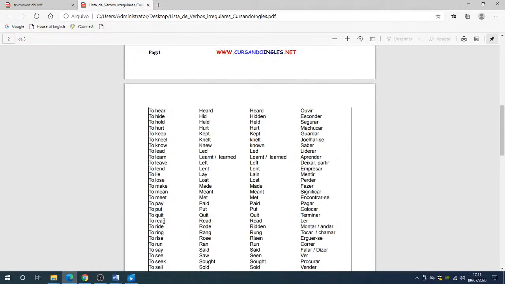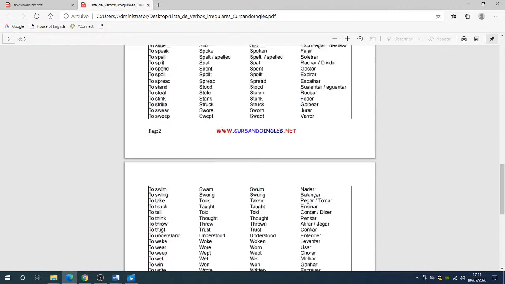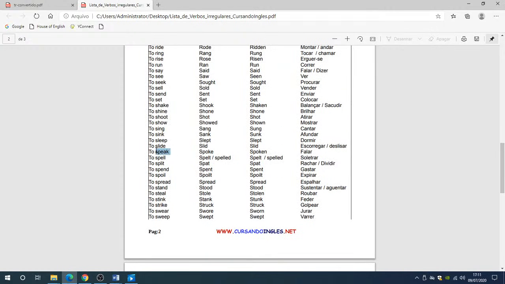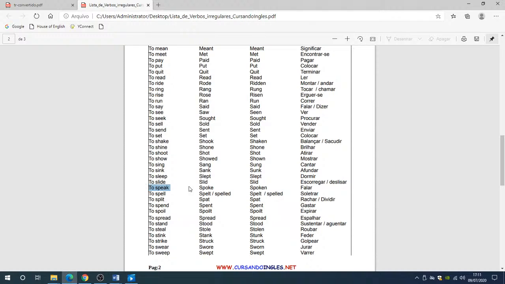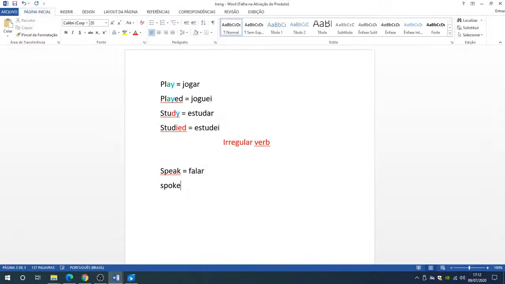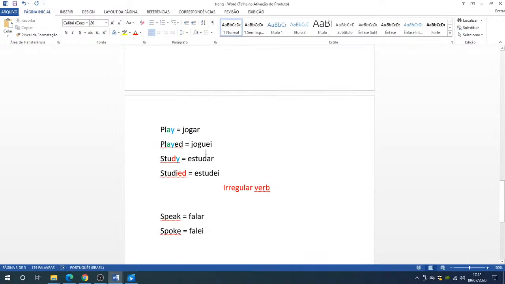E nessa minha listinha do speak, eu vou ter ele no presente, que é o infinitivo, e eu já tenho ele aqui no passado, que é o spoke. O que significa isso? Significa que o verbo regular com R de rato não tem uma forma no passado e muito menos no particípio.